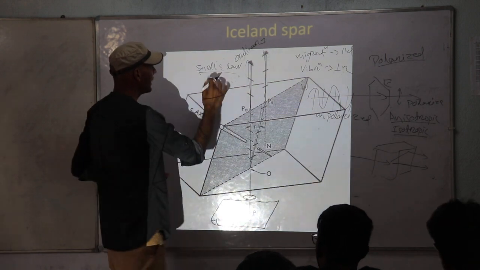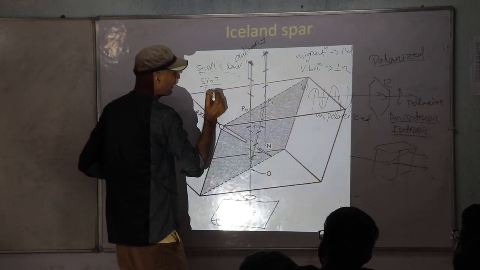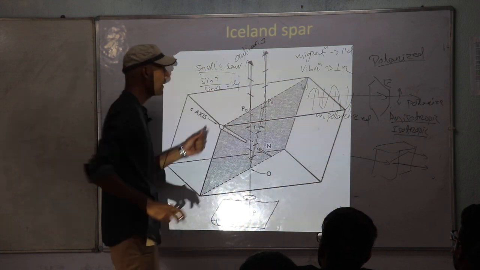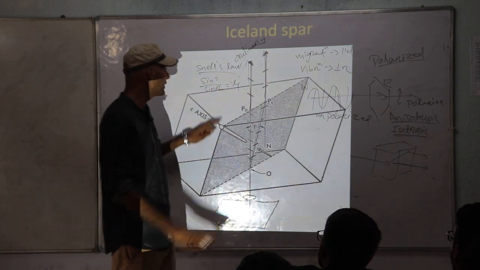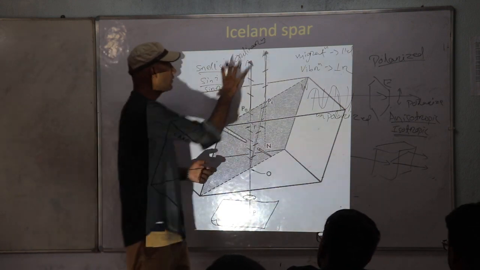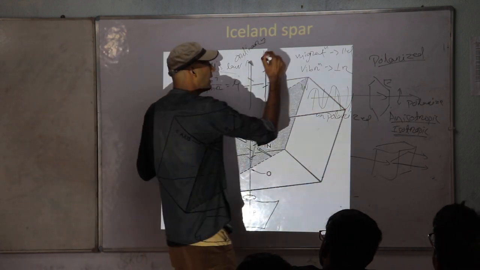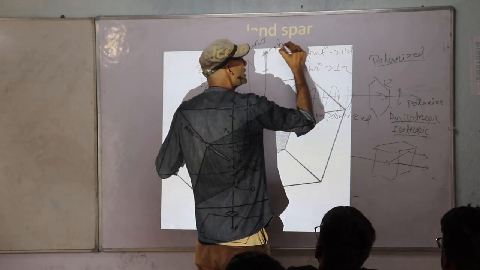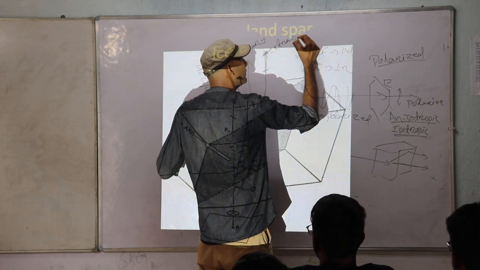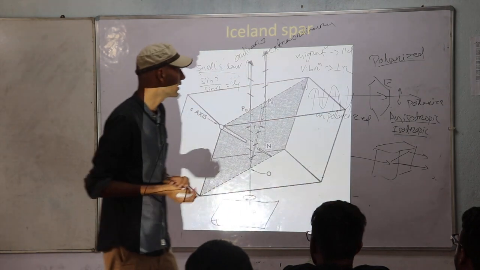So what is Snell's law? Sin i divided by sin r is equal to mu. That means the sine of the angle of incidence divided by the sine of the angle of refraction will be a constant. The ordinary ray obeys Snell's law, so that is ordinary, and the other is extraordinary because it doesn't obey Snell's law.